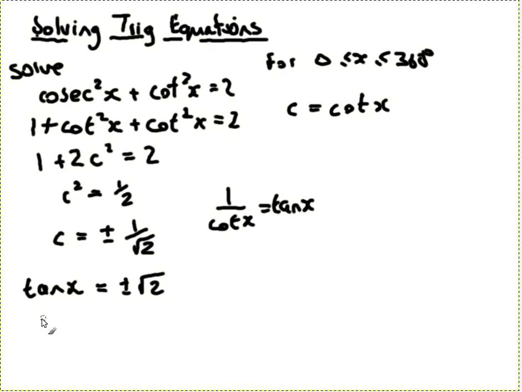Now let's just deal with a positive value first. If I do inverse tan of positive root 2, I end up with 54.7 to 1 decimal place. The rule of thumb for tan is just 180 plus, so I get 180 plus 54.7, which is 234.7.